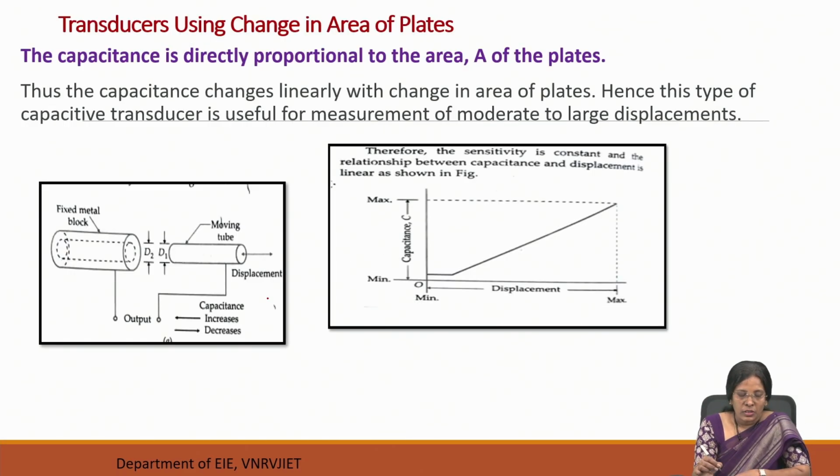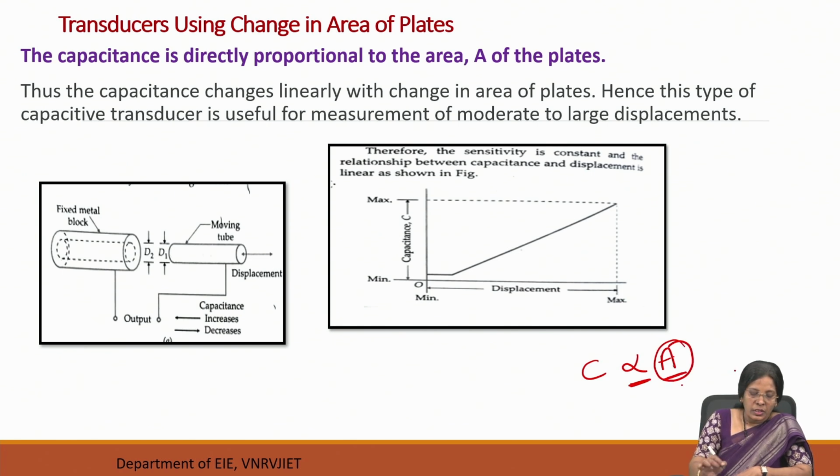Now, how is the capacitance changing with respect to change in area of the plates? The capacitance is directly proportional to the overlapping area of the plates, so C is proportional to A. Let's take one example: these are cylinders, an outer cylinder and an inner cylinder.